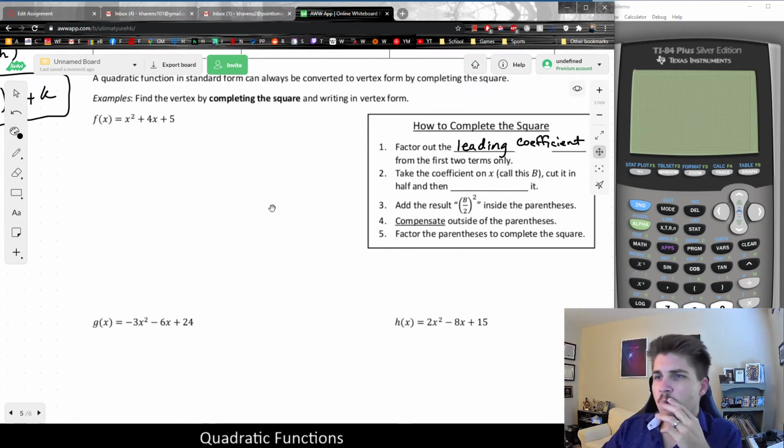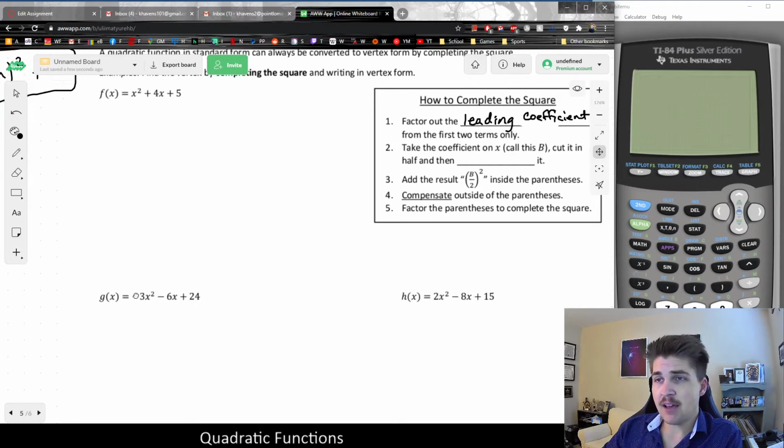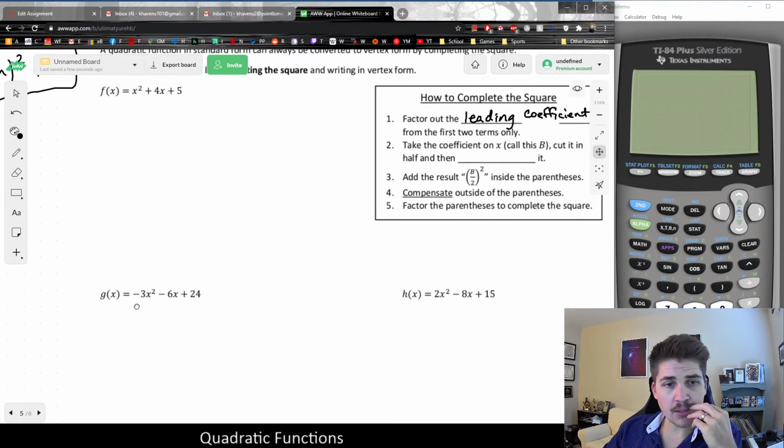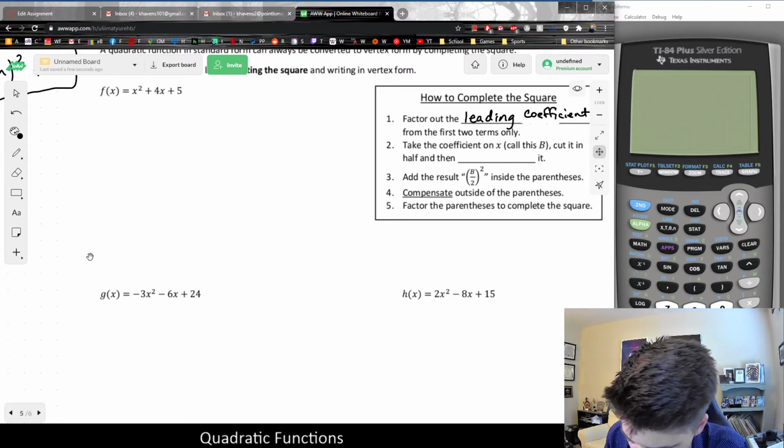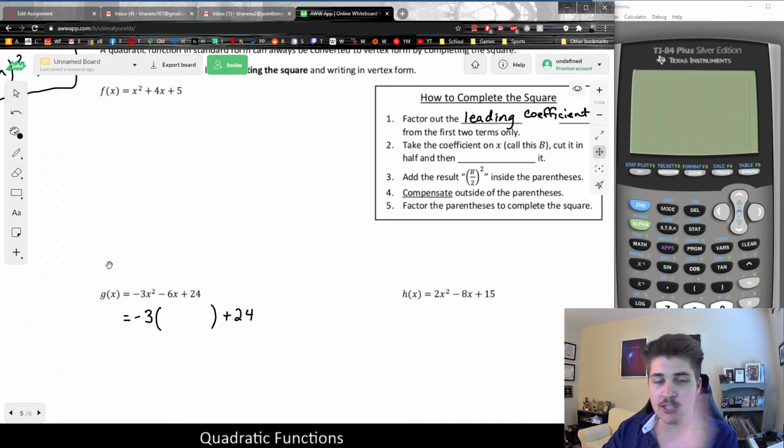Second step, so basically in our function f of x here, we don't actually need to do that because there is nothing to factor out. But for example, in polynomial g of x here, we'd want to factor out the -3 and only from the first two terms. So basically, I would want to pull out the -3 like that. Also, what I like to do is just leave the +24 on the outside because I don't want to mess with that.